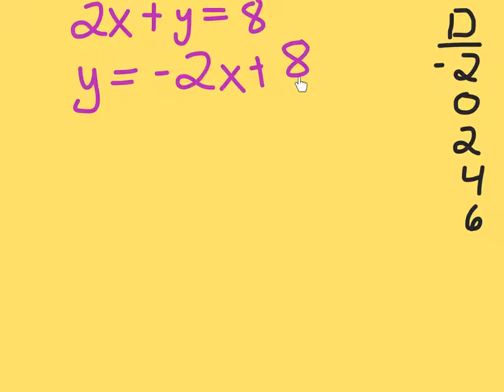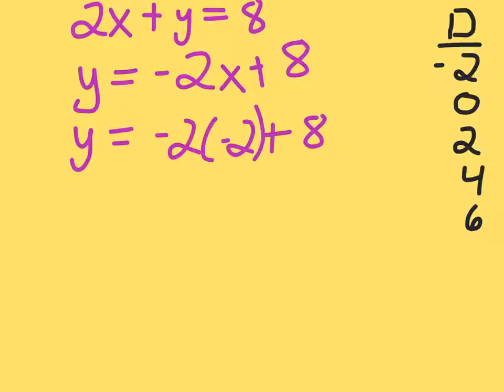Alright? That's step 1. Step 2, 3, 4, 5, and 6, is to plug in our domains into this function to see what we get for y, for our range. Okay? So we can start that now. Let's plug in our domain or our input of negative 2. Okay? When our input is negative 2, what is our range?